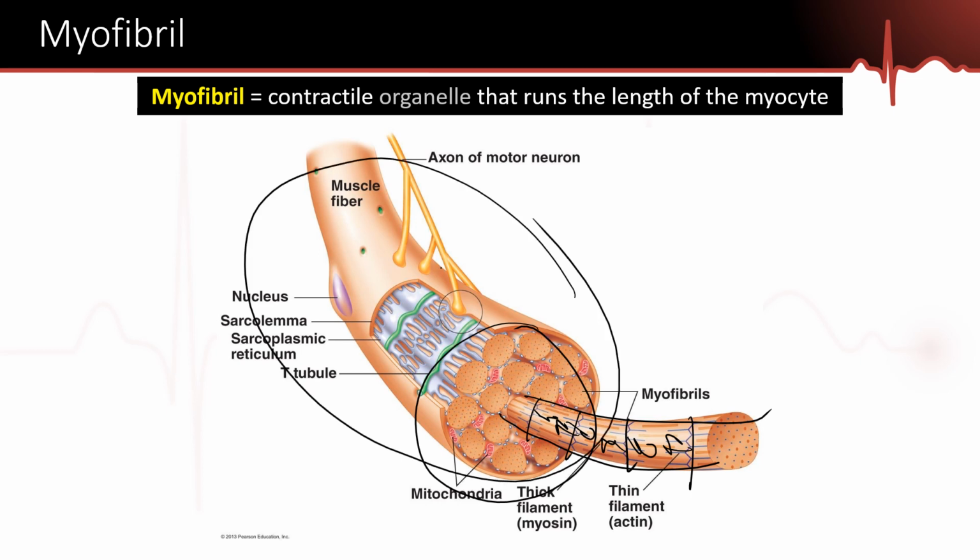The answer is the muscle fiber will shorten, because the muscle fiber is made up of like 80 to 90% myofibrils. If the muscle fiber is made up of like 80 to 90% myofibrils, and during a contraction all the myofibrils are shortening, then of course the muscle fiber itself has to be shortening.